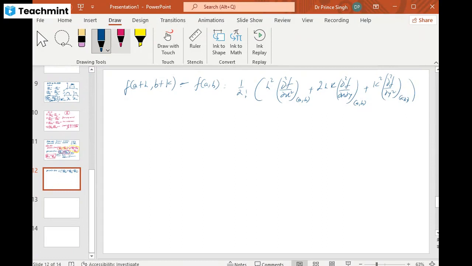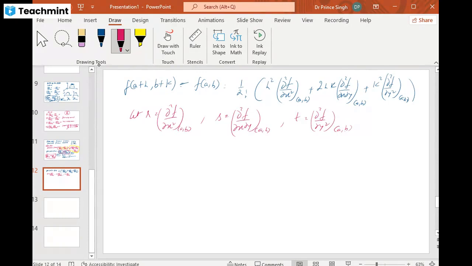Now the first step is we are going to use some general notation, because it is a very tedious job to write in this way. So let r be equal to ∂²f/∂x² at the point (a,b), s is ∂²f/∂x∂y at the point (a,b), and t is ∂²f/∂y² at the point (a,b). Right?